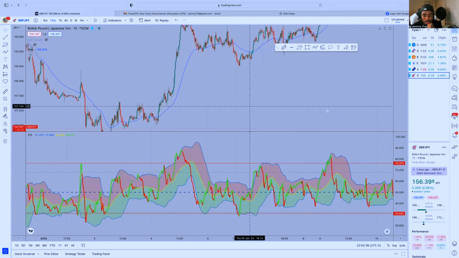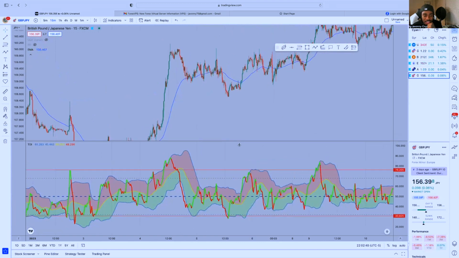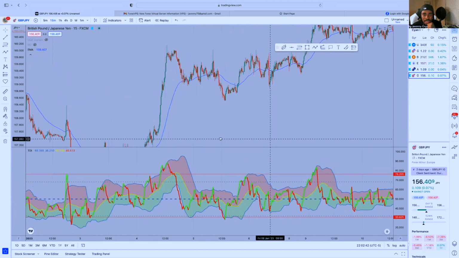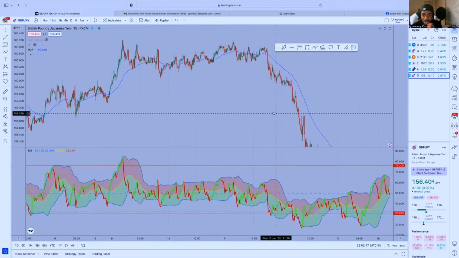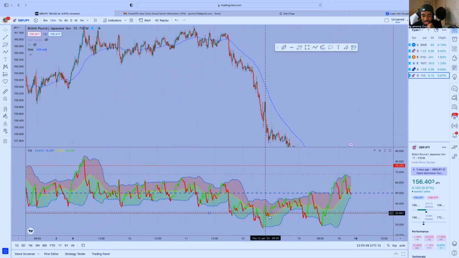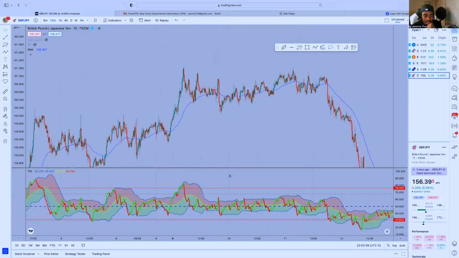So the momentum is high and we're above the 50 moving average. Vice versa, if we're selling, the momentum is high for the sell and we're below the 50 moving average. The second condition for the sell is that it has to be below the 30 level on the TDI. Okay guys, so let's go ahead and see what happens.